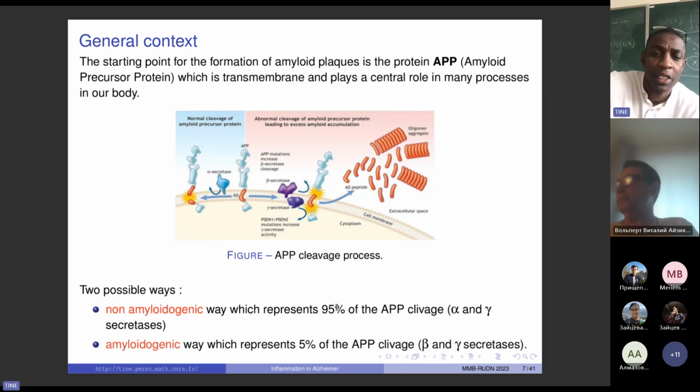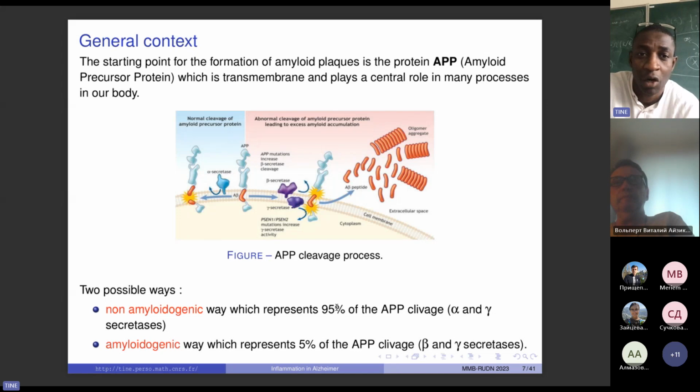Yes, this is the statistic for people who develop the disease. But for people who do not develop it, for a reason which is unknown at this moment, the beta secretase can act in the place of alpha secretase, but there is no given percentage. It is perhaps much lower than 1%, but it happens.